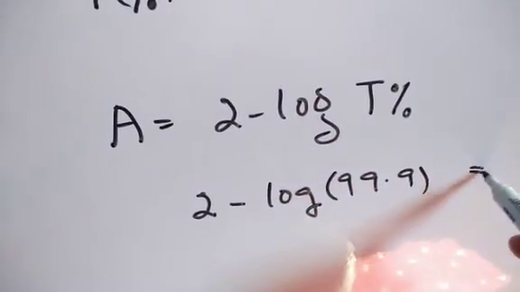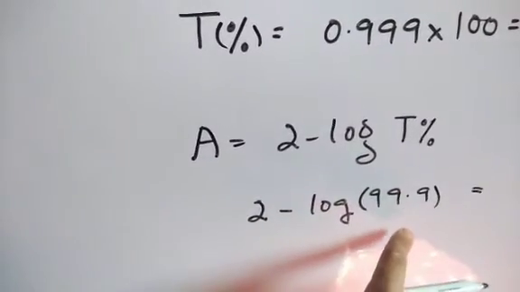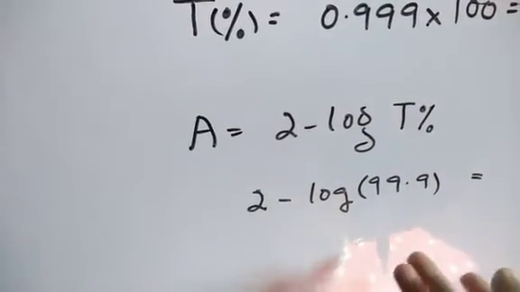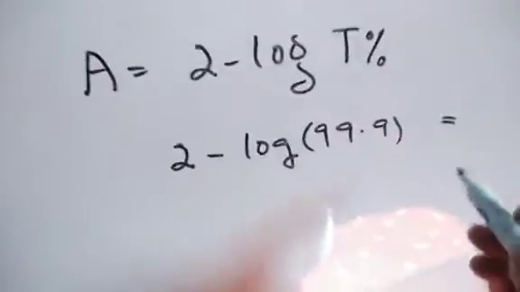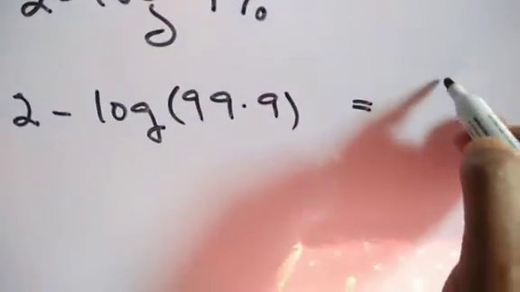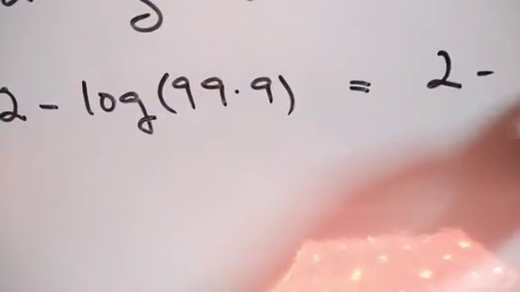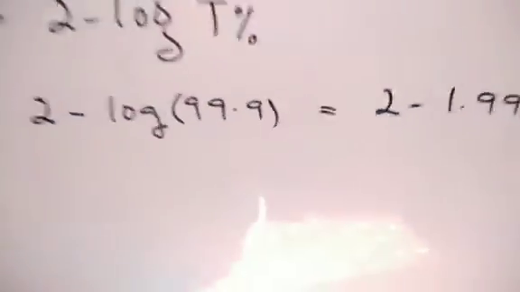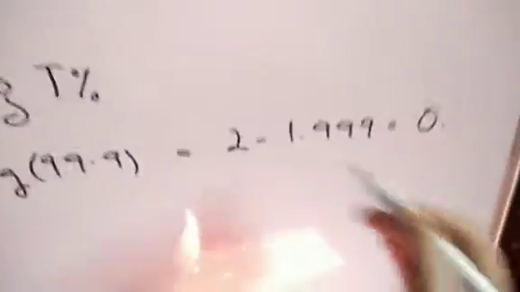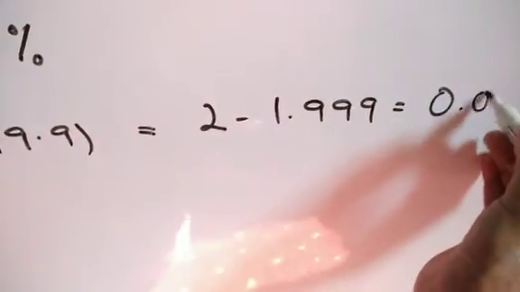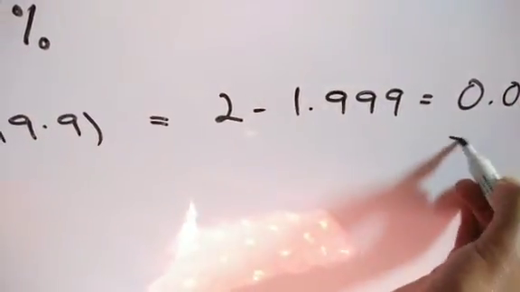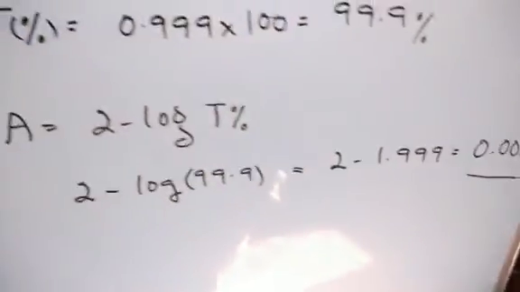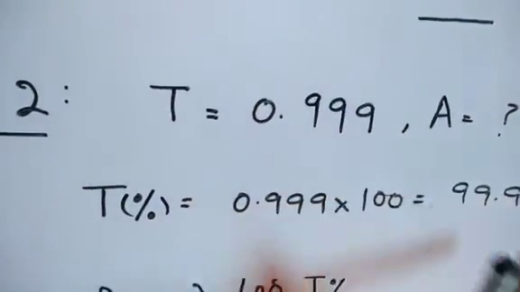So you will end up with, so log of 99.9, it's around 1.999. So that is 2 minus 1.999. So that is 0.001. This is the value of the absorbance now.